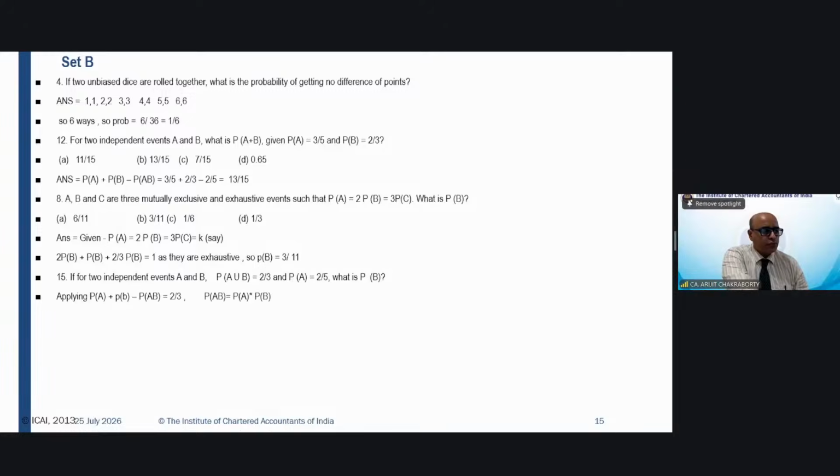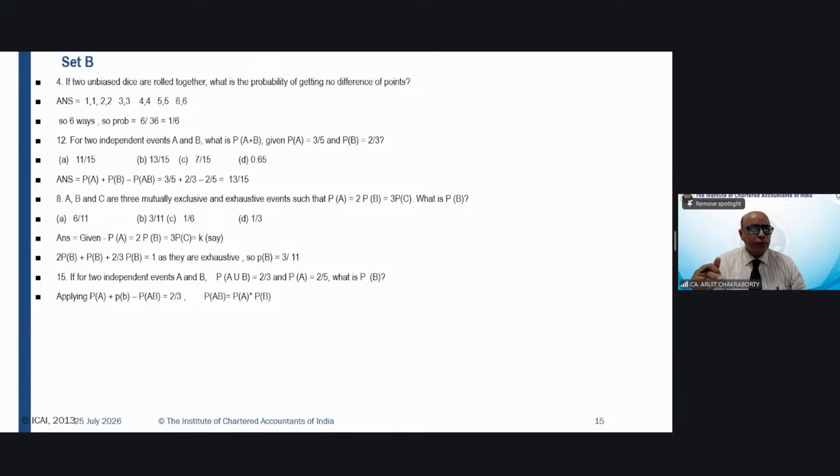Next question. For two independent events A and B, P(A union B) is 2/3 and probability of A is 2 by 5. What is probability of B? It is given two independent events A and B. So we have to find out probability of B. We know the formula P(A union B) equals P(A) plus P(B) minus P(A intersection B).